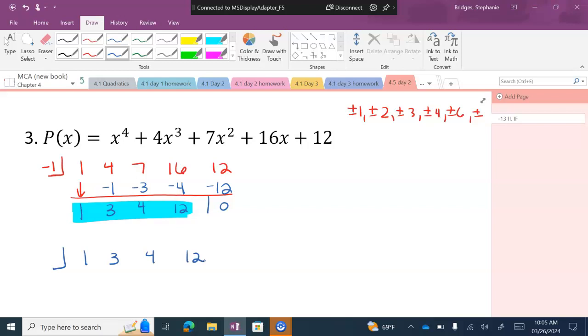Again, some of these problems will take quite a bit of paper. Does positive 2 work? Does negative 2 work? Does positive 3 work? Does negative 3 work? Yeah.